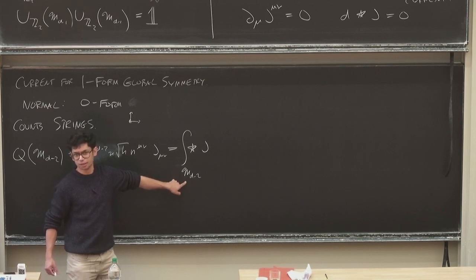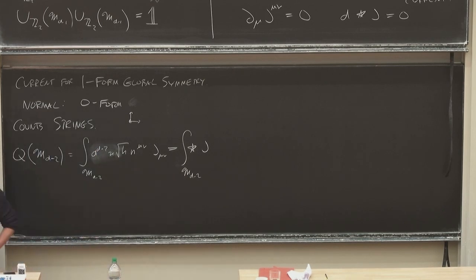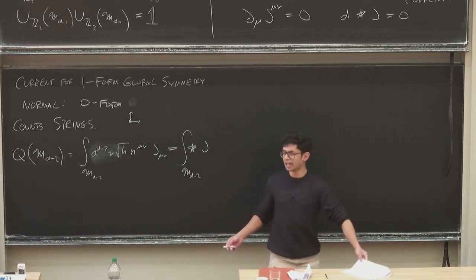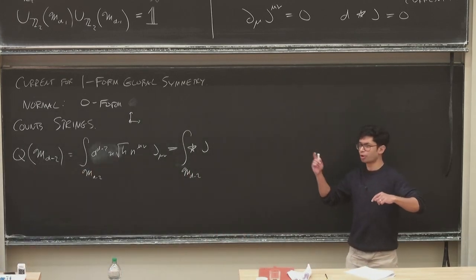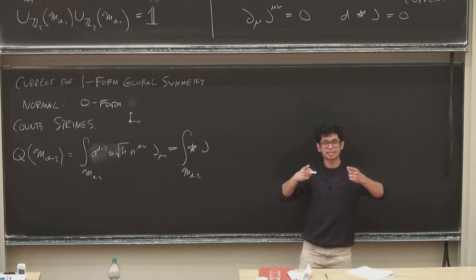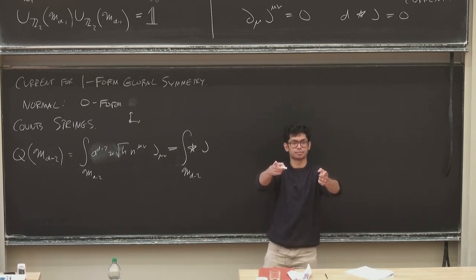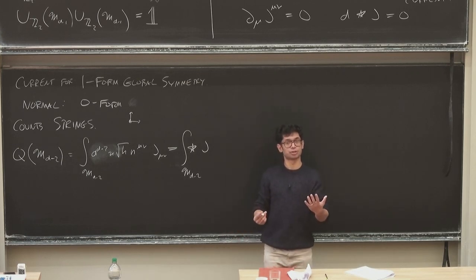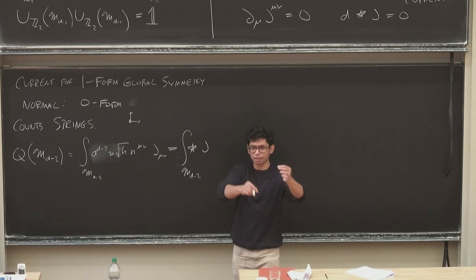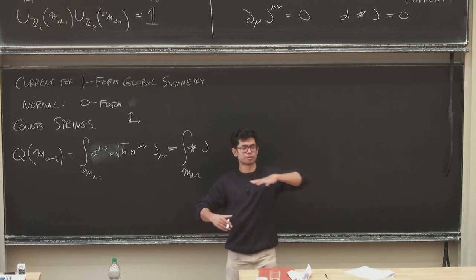But what does this mean physically? Let's imagine that I have a bunch of strings that are poking through this blackboard, towards you. And the strings have no end. They can't end. And you want to count the strings. How do you do it? Well, if you were counting particles, you'd have to integrate over the full volume of the room to get every particle.